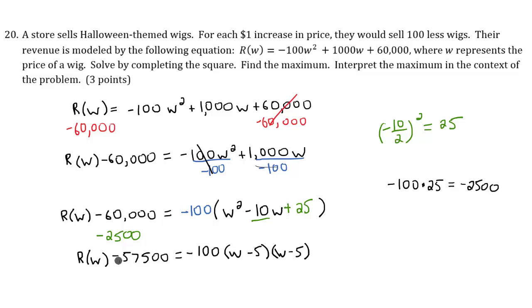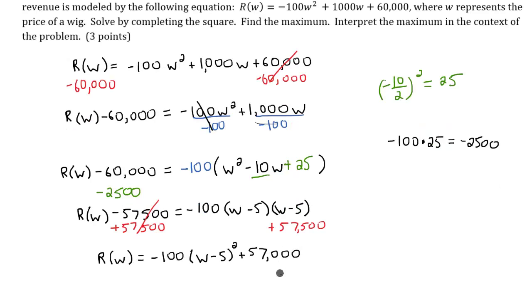And I'm also going to add in 57,500 to the left side and the right side to get my final vertex form. So here's my final equation. It's in vertex form. So I have r of w equals negative 100 times the quantity of w minus 5 squared, and then we're adding 57,500.